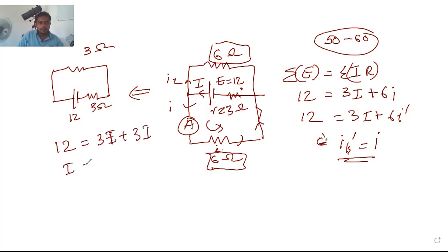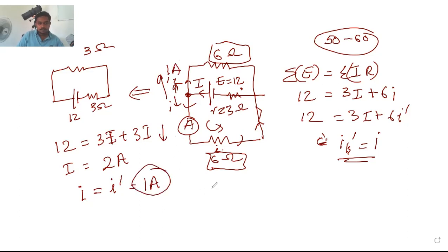So I am getting 2 amperes. 2 amperes means here it divides into 2 equal parts. So I and I dash are both the same, which is 1 amp. 1 amp is going this way, and 1 amp is going this way. So 1 amp is the answer. Answer is B, 1 amp going both sides.